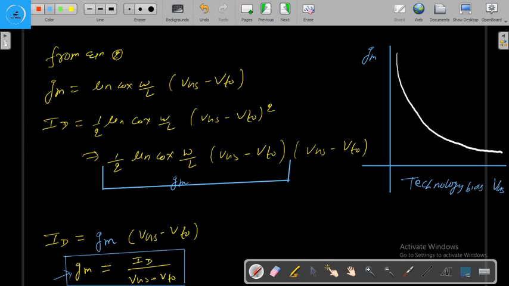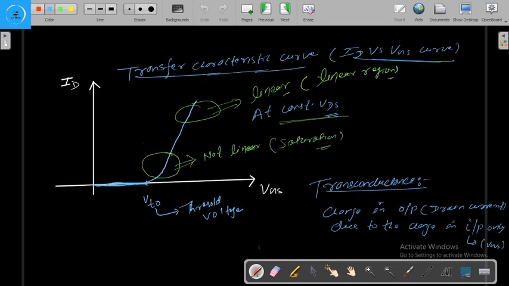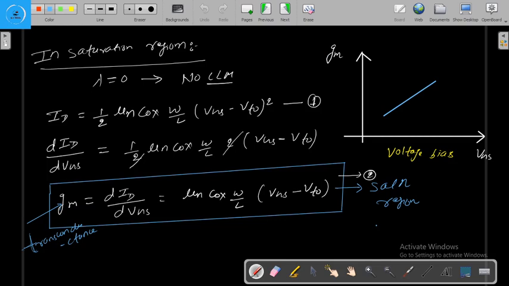So we have seen here the three different formulas for the transconductance, and we have also seen what the transconductance is, and the transfer characteristics curve. Transconductance is the change in the output due to the change in the input, so here the output is Id and the input is Vgs. In the saturation region our drain current is Id = 1/2 μn Cox W/L (Vgs − Vt0)².